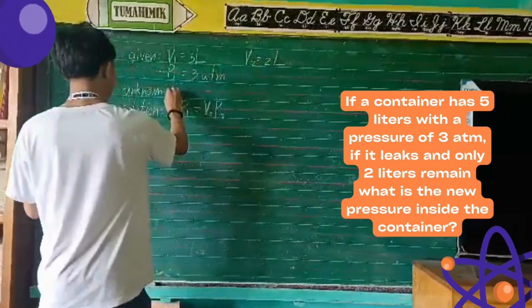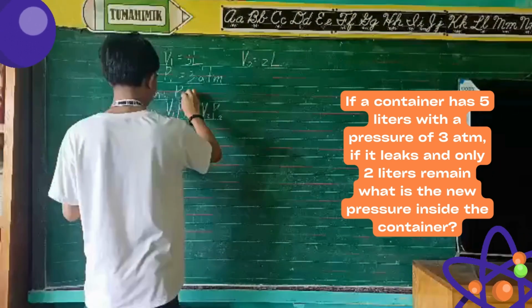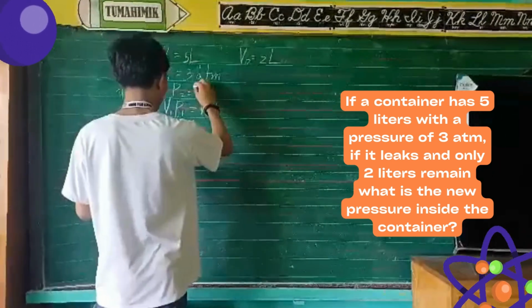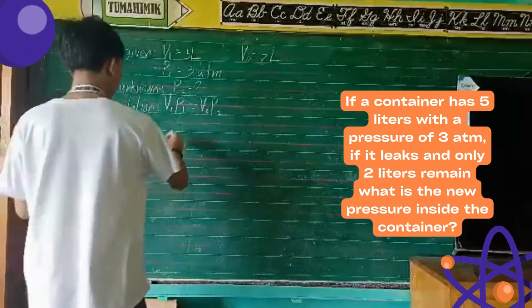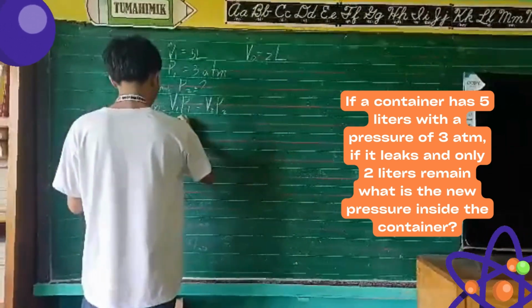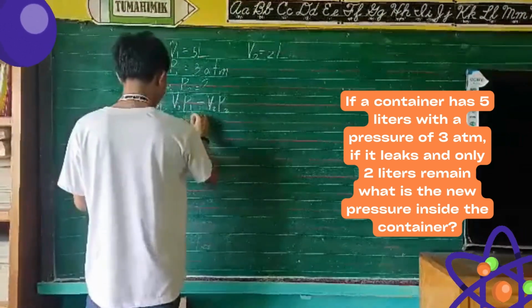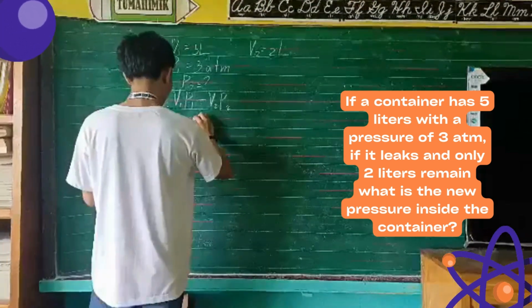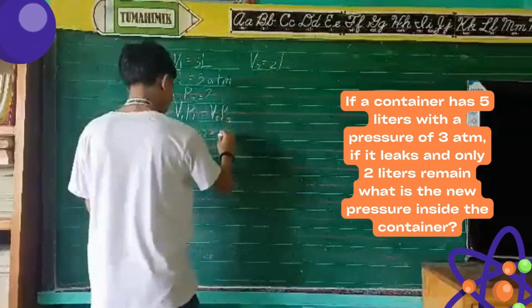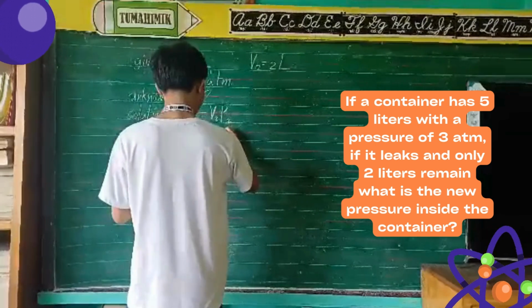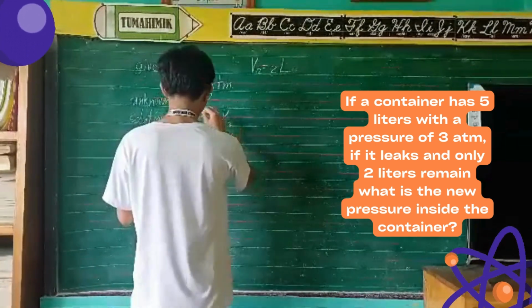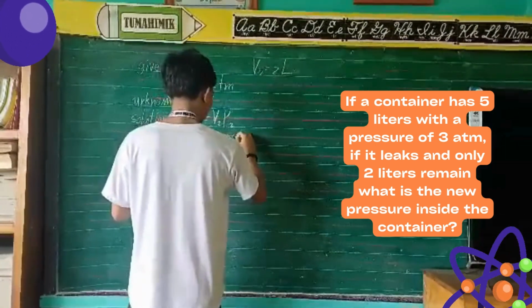And now the unknown will be the final pressure. Now substitute. The initial volume 5 multiplied by the initial pressure 3 is equal to the final volume 2 multiplied by the final pressure x.